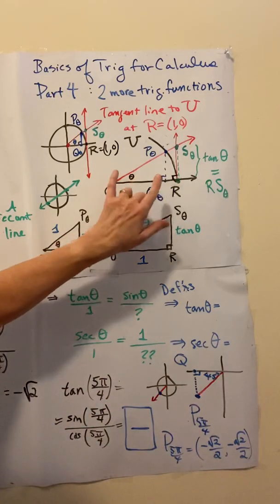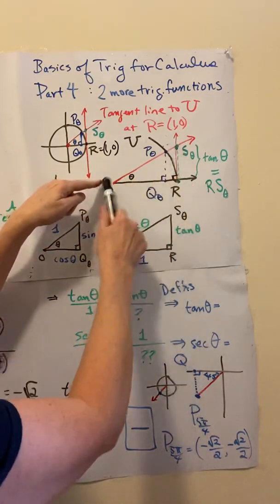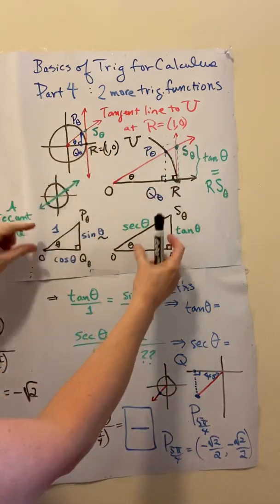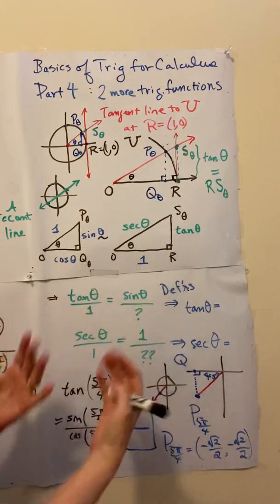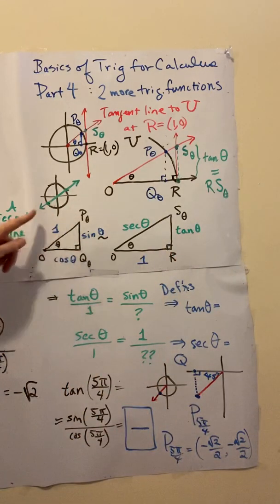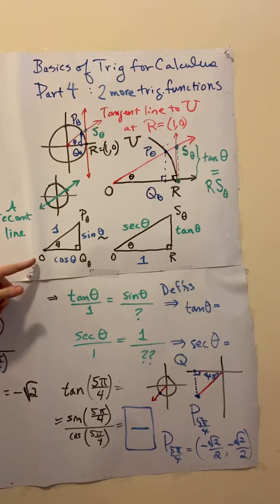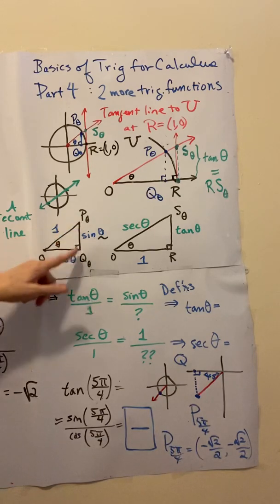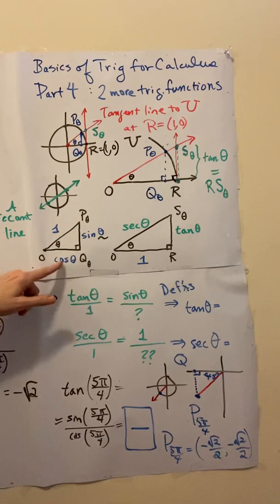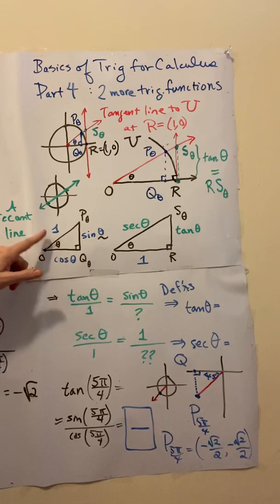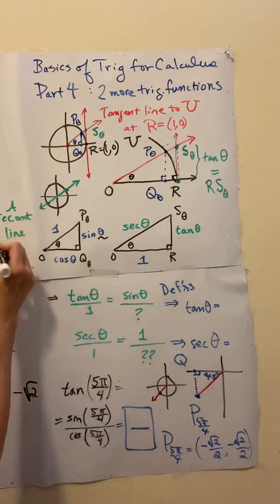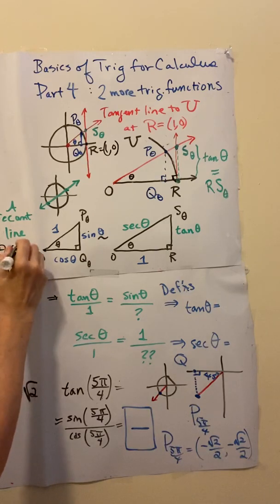So when we take these two nested right triangles apart and put them next to each other, the lengths of the sides of OPQ are cosine theta, sine theta, and 1. That's only true in this picture because here theta is between 0 and pi over 2.